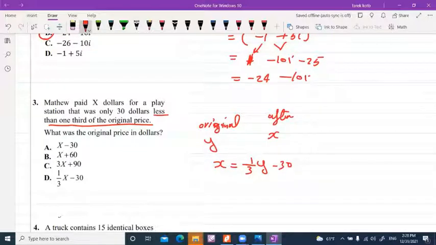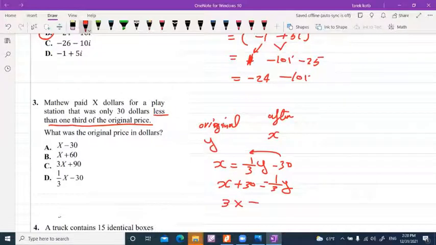I'll get 30 to the other side, it will be x plus 30 equals 1/3 y. Multiply by 3 to get rid of the third, it will be 3x plus 90 equals y. So y, which is the original price, equals 3x plus 90. This is choice C.